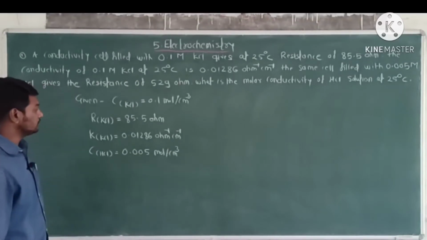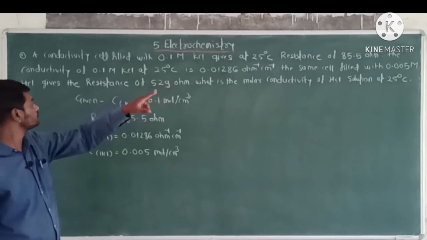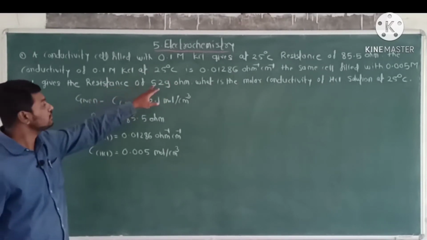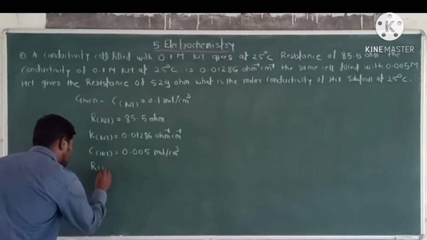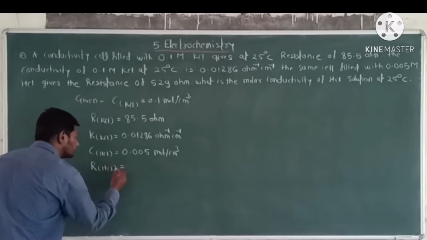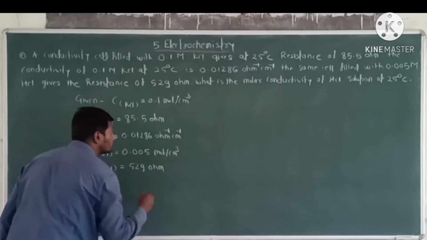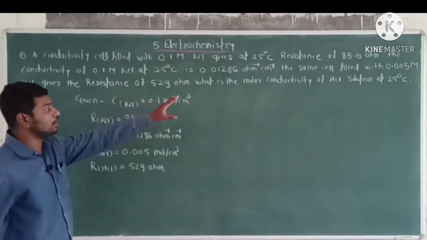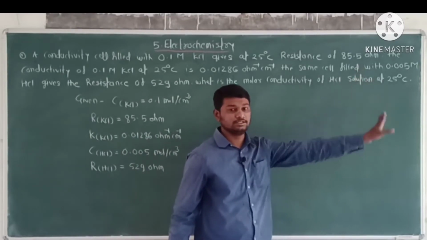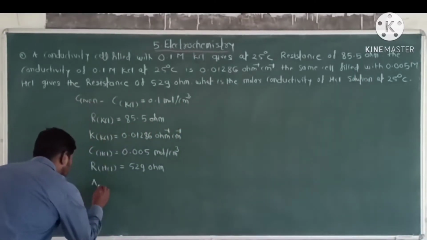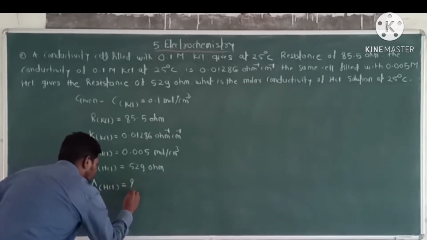In this case the HCl solution gives a resistance of 529 ohm, that is, the resistance of HCl is 529 ohm. What is the molar conductivity of the HCl solution at 25 degrees Celsius? Molar conductivity, that is capital lambda, of HCl solution, question mark.